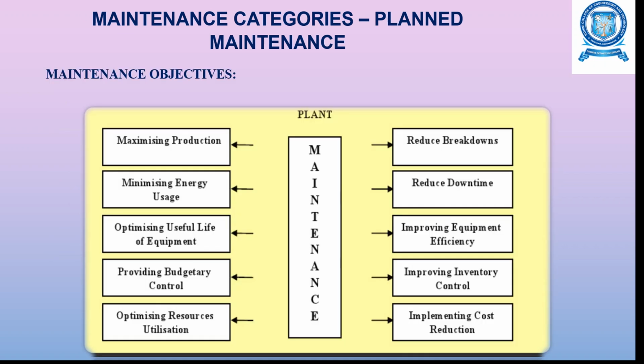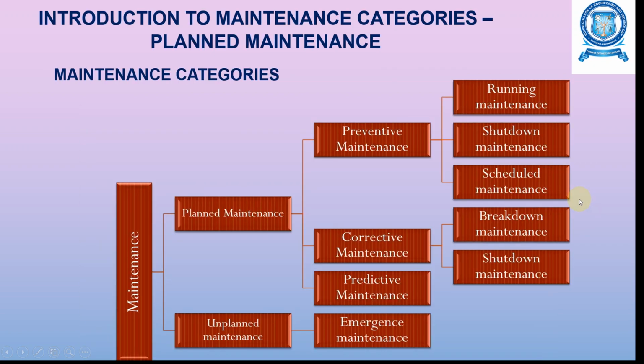So these are all the maintenance objectives: maximizing production, minimizing energy usage, optimizing useful life of the equipment, providing budgetary control, optimizing resource utilization, reducing breakdowns, reducing downtime, improving equipment efficiency, improving inventory control, implementing cost reduction.